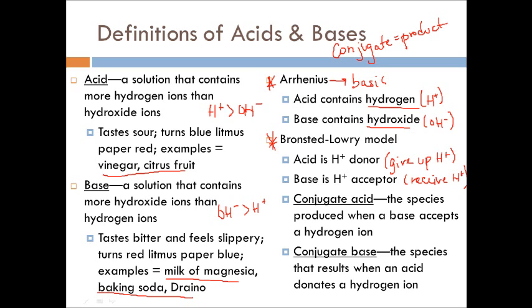So the conjugate acid is going to be the product of the base, and the conjugate base is going to be the product of the acid. So the conjugate base is what forms when you give up a hydrogen. The conjugate acid is what forms when you receive a hydrogen. So the conjugate acid will accept the hydrogen, and the conjugate base will result after it donates it.